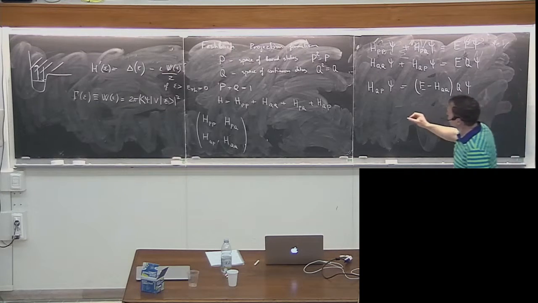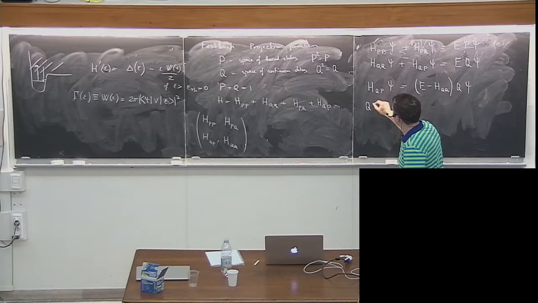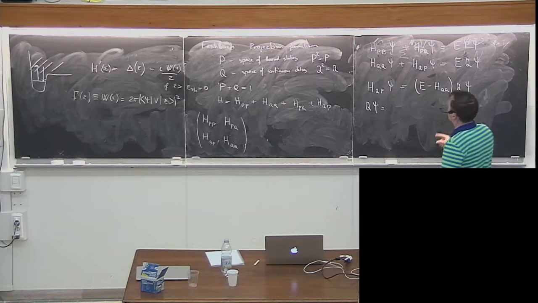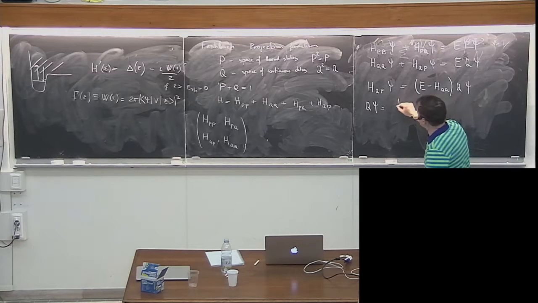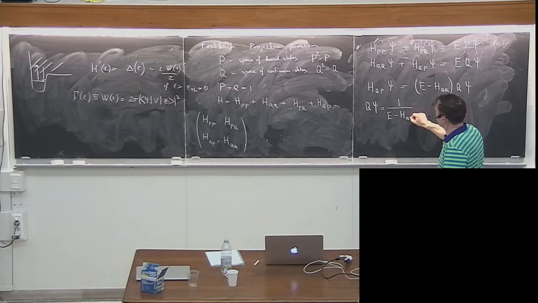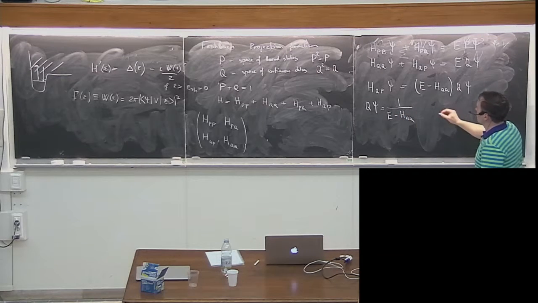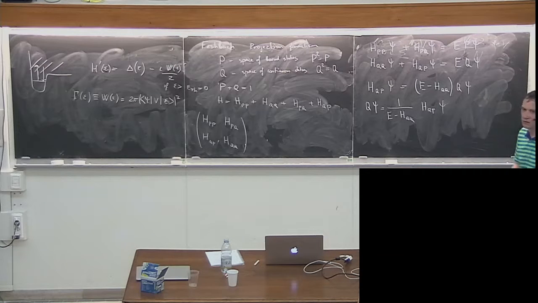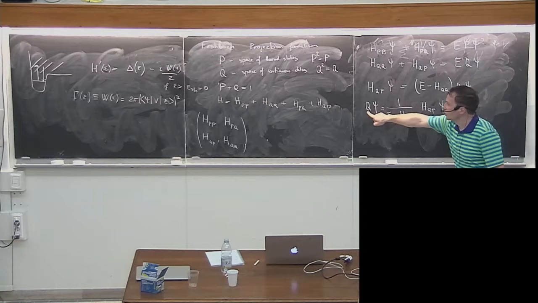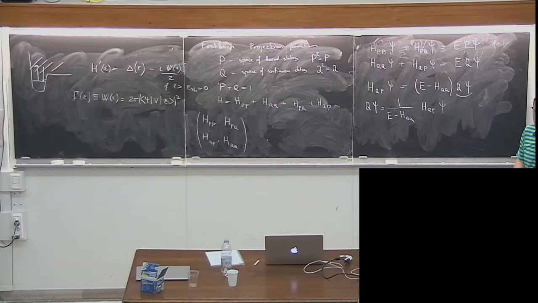Therefore, my Q component of psi can be written, if I act with the inverse of this operator, which is going to be 1 over E minus H_QQ, times H_QP psi. So this is just an algebraic manipulation. What I extracted is now the Q portion of the wave function.